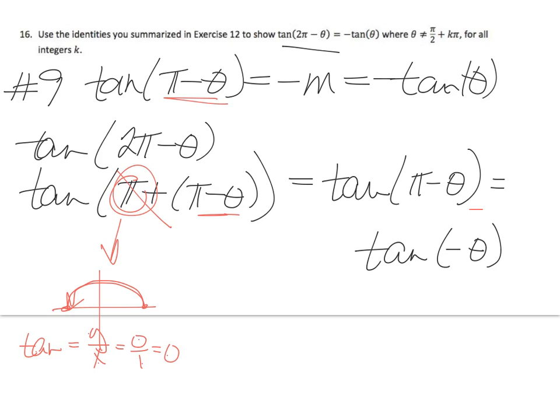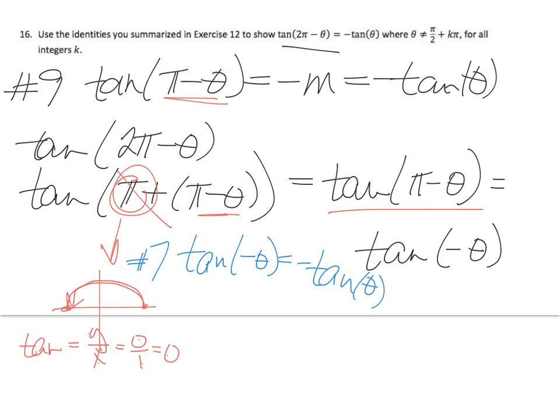So now you can just look at tan of pi minus theta. And we said in exercise 9 that tan of pi minus theta is the same as tan of negative theta. Okay, from exercise, I think 7, let me go look. Yep, from exercise 7, we proved that tan of negative theta equals negative tan of theta.